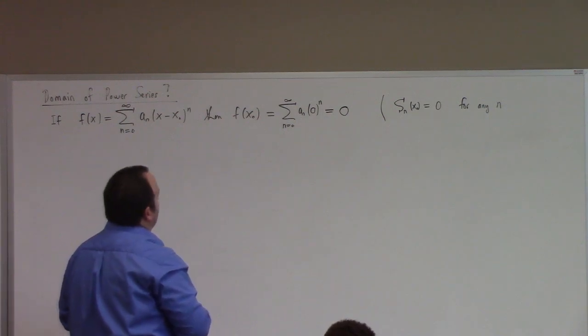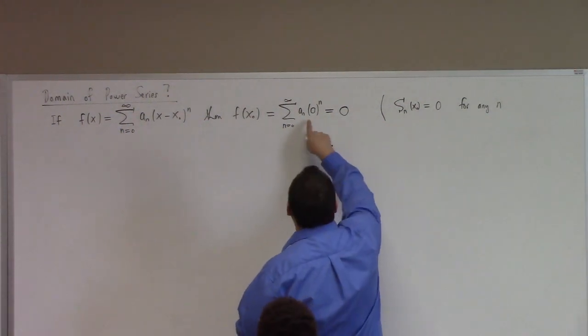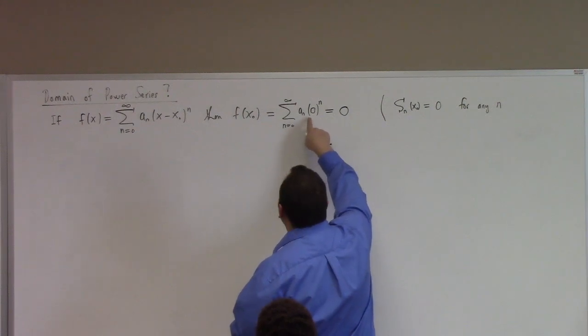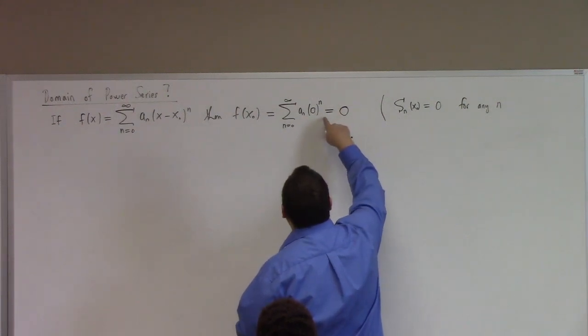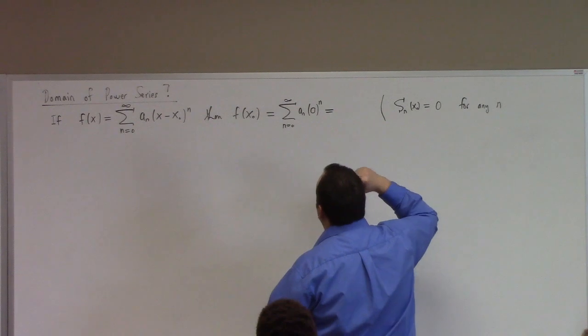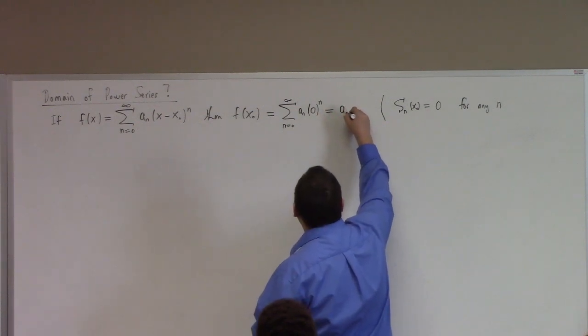You know what? You're right. Actually, that does matter. That matters a lot. Thank you. That's very helpful to me because I was about to get really confused. You're right, this should not be 0. It should actually be a sub naught.